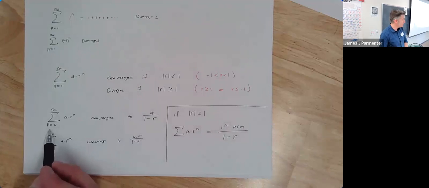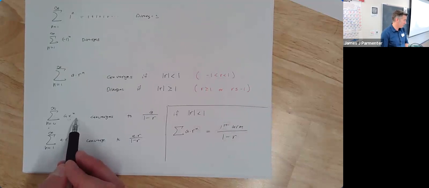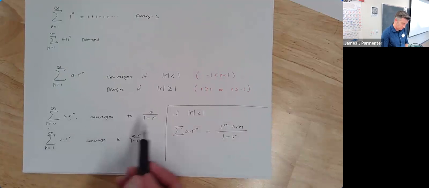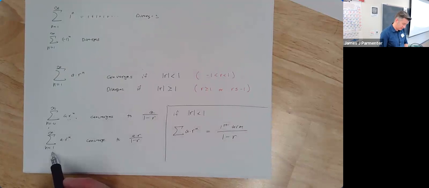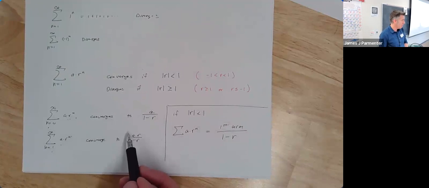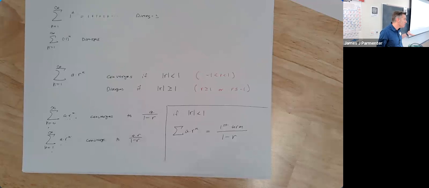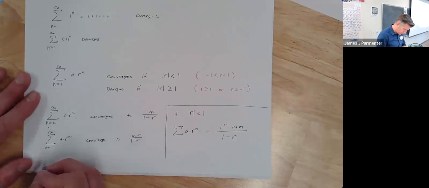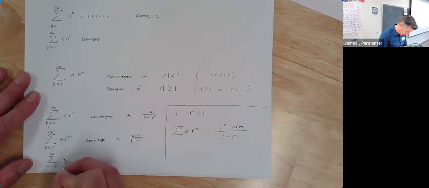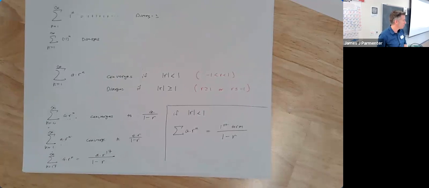So if you start at n equals 0, your first term is a times r to the 0, which is just a. If you start at n equals 1, your first term is a times r to the first, which is just a times r. But you could start at n equals 17, right? So the sum from n equals 17 to infinity of a times r to the n is a times r to the 17th power over 1 minus r.